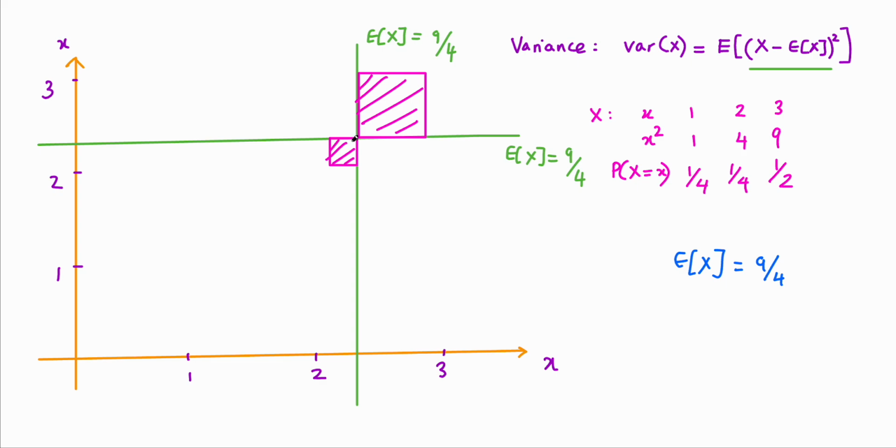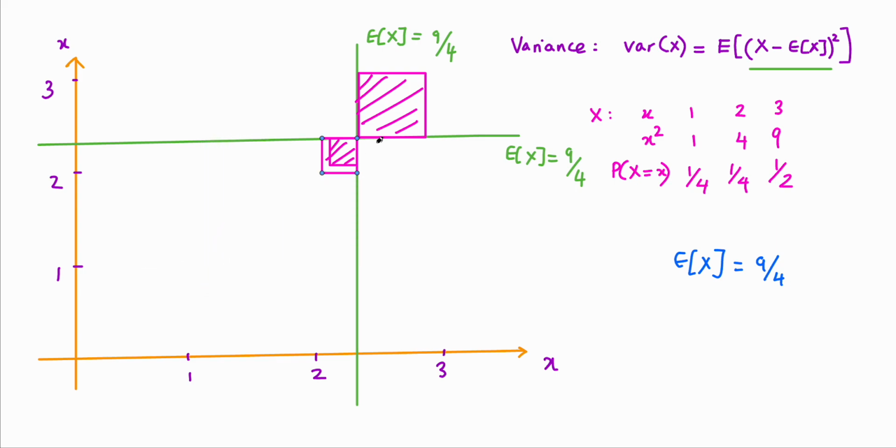And finally, what is the distance of 1 from its expectation? Well, this is the distance of 1. And if we square it, we are basically looking at this big square here. I hope you get the idea.